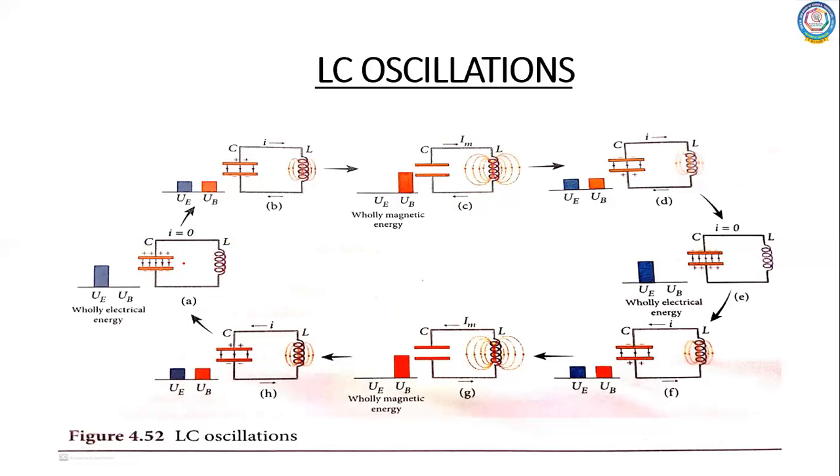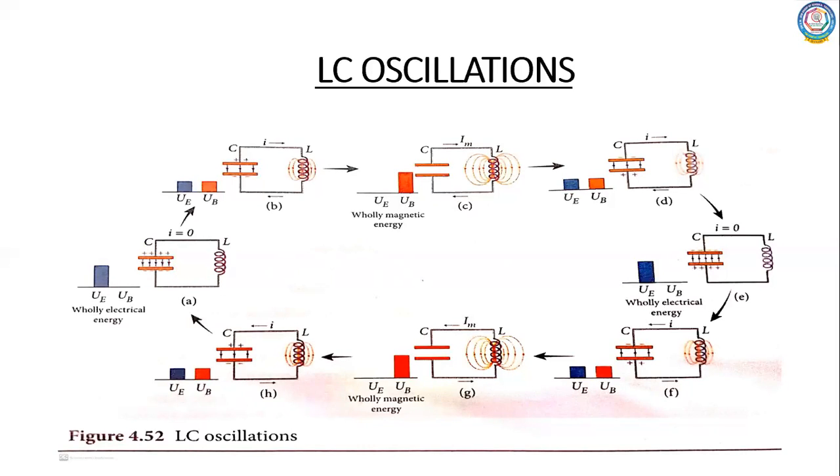So what happens when energy is oscillating? Electrical oscillations are produced which will have a definite frequency. These oscillations are nothing but what you call LC oscillations. So how are these LC oscillations generated?